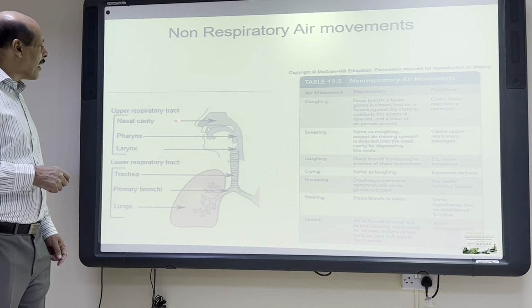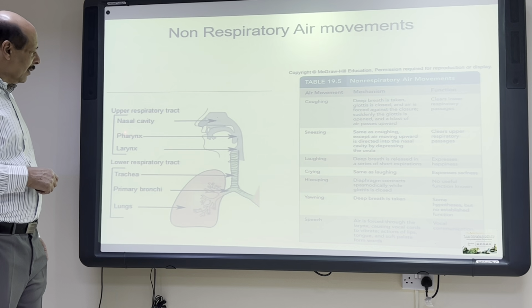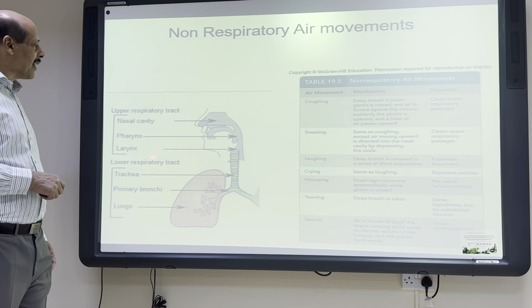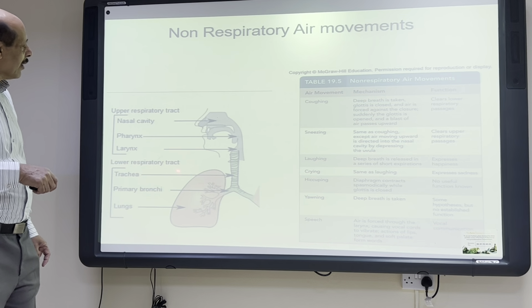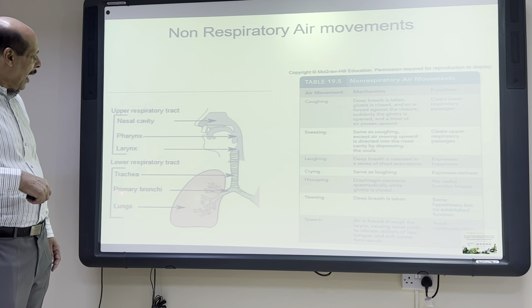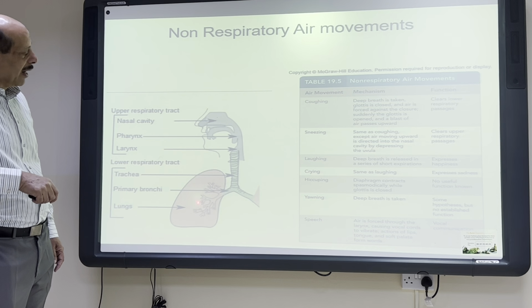The upper respiratory tract is the nasal cavity, the pharynx and larynx, and the lower respiratory tract is the trachea, primary bronchi and the lung.